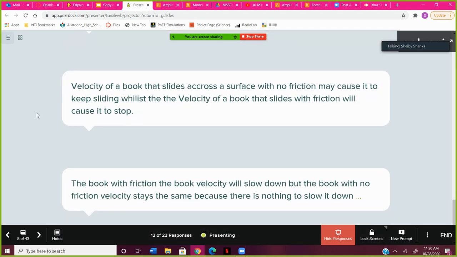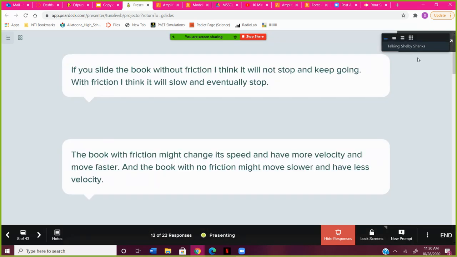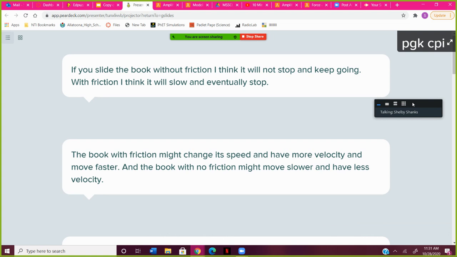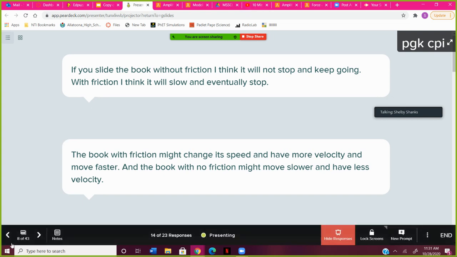All right, so I'm seeing a few misconceptions here. Some people are understanding that friction will slow something down, but others are kind of getting them reversed. Okay, so we got to make sure that we understand what exactly friction is.